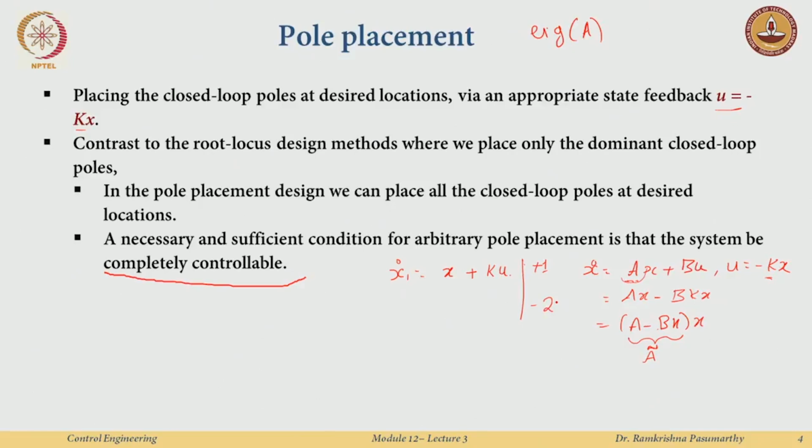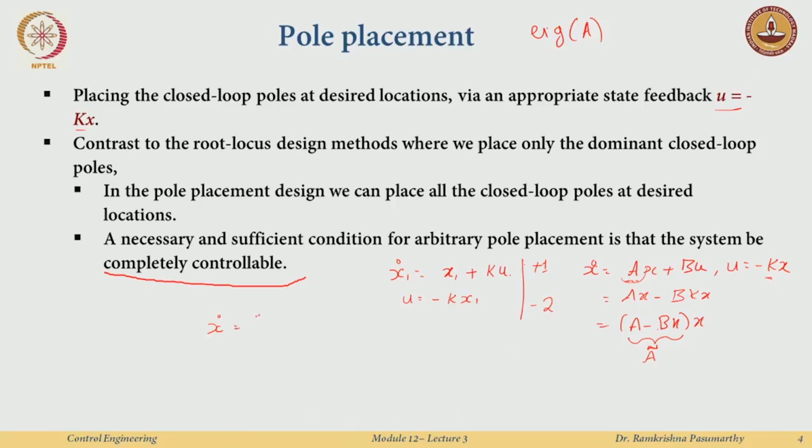Well, does there exist a k such that I can place this at minus 2? So how should my system, which is the control system, look like, the closed loop system? So does there exist u equal to minus k x1, such that the closed loop system is what?